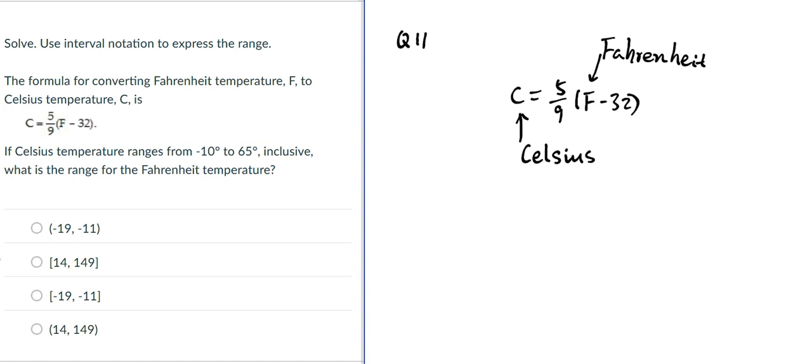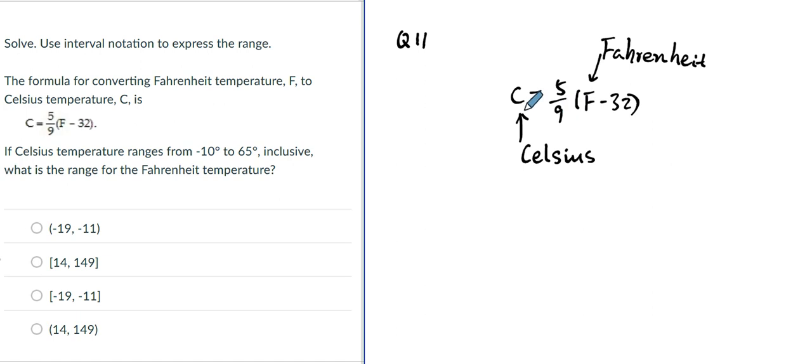Now, let's look at this story problem. We want to use interval notation to express the range. Here we have the formula for converting Fahrenheit temperature F to Celsius temperature C. For example, if you put 32 here for Fahrenheit, 32 minus 32 is 0 times 5/9, you get 0.